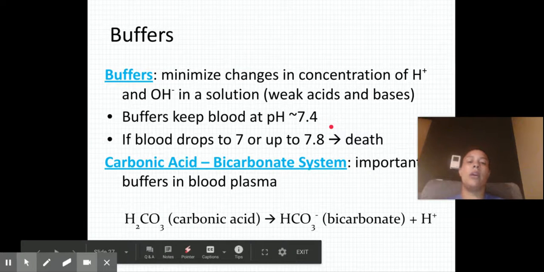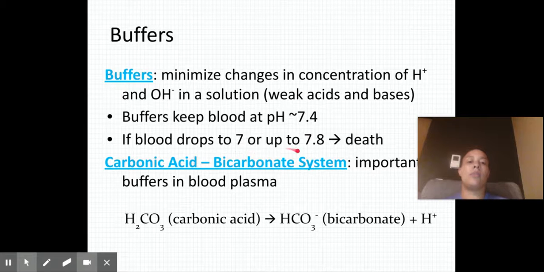So that's really key. If it goes lower than 7, sorry, or higher than 7.8, that leads to death. So we need to have a system in place that can really keep it within that range or cycle it out really quickly so that the blood pH level is within that range.